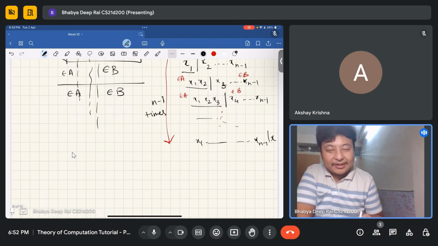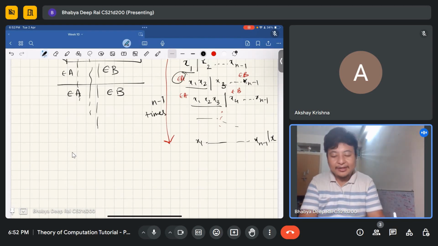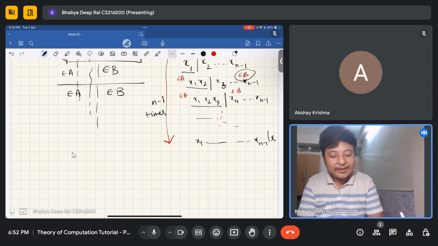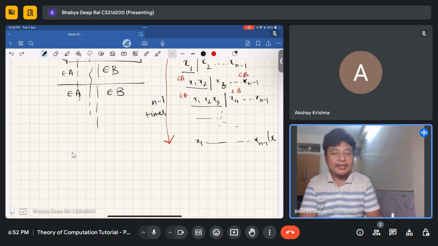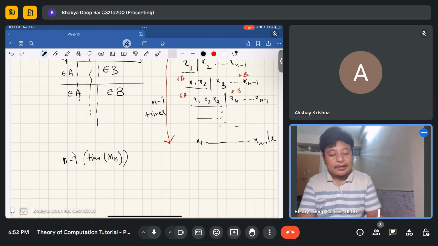And each of these n minus 1 times I'm running machine MA to check whether it's in A, and to check whether it's in B, I'm running machine MB. So I'm doing n minus 1 times the time taken by machine A plus the time taken by machine B.